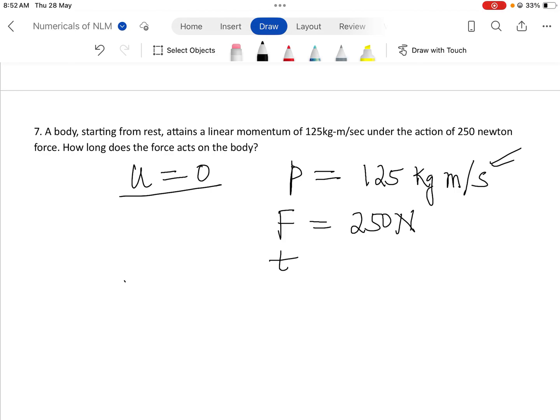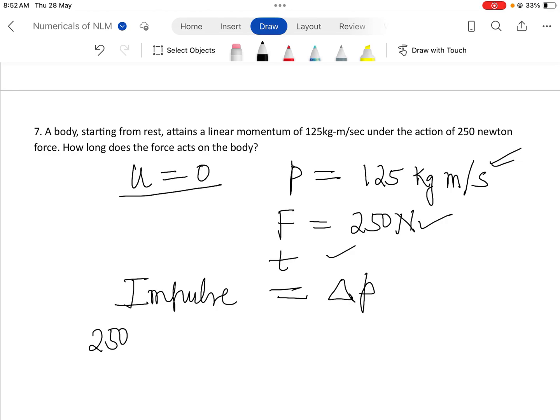So now we know that the impulse is what? Change in momentum. What will be the impulse here? 250 Newton force is acting for what time? T time. So this is 250 into T equals to what is the change in momentum?